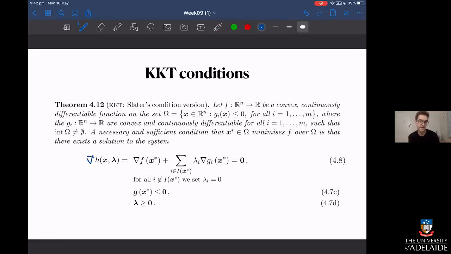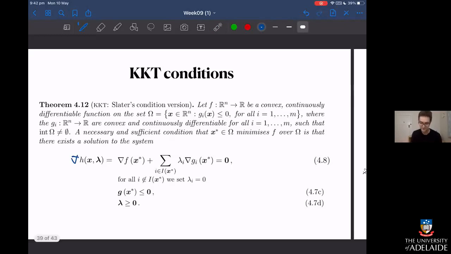Then we have g of x less than or equal to 0, and the Lagrange multipliers are positive at the minimizers. So let's check that all of these conditions actually hold up on a few real examples.